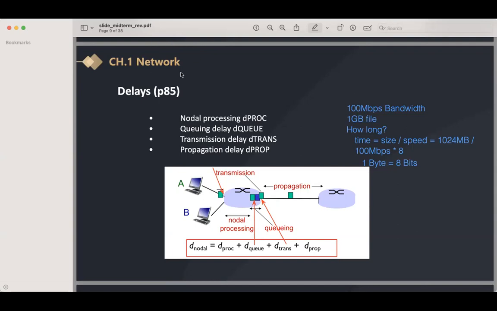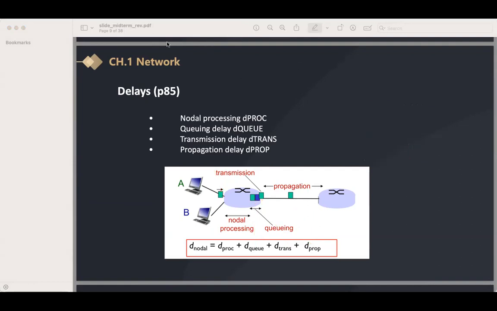And we will have propagation delay here. Do you have any idea how to do the calculation for propagation delay? Let's try another calculation here. From router A to the server, the distance is, let's say, 3,000 kilometers.